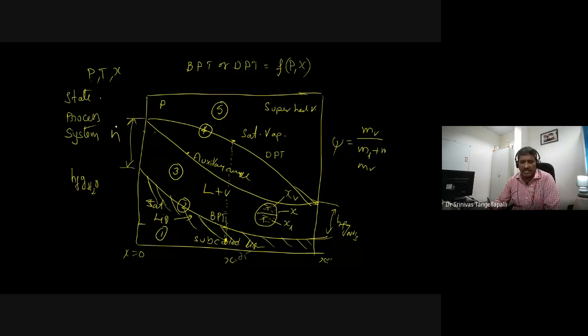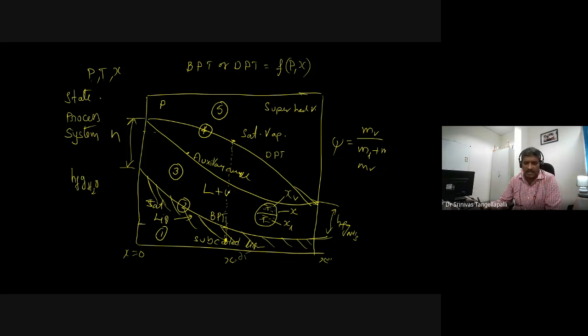After identification of all these properties, it's easy to calculate, let us say, the first law efficiency of the binary vapor system, or the second law efficiency or exergy efficiency of the poly generation system. That's why first we are starting with the state.